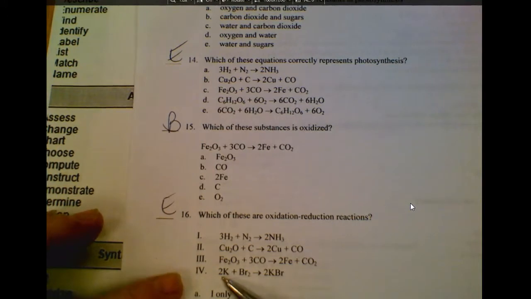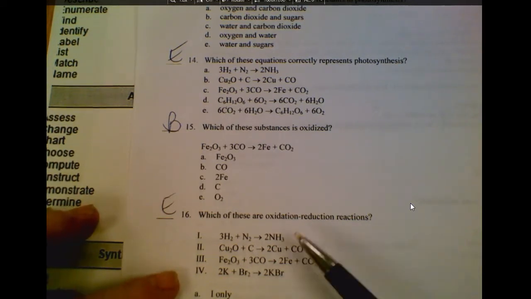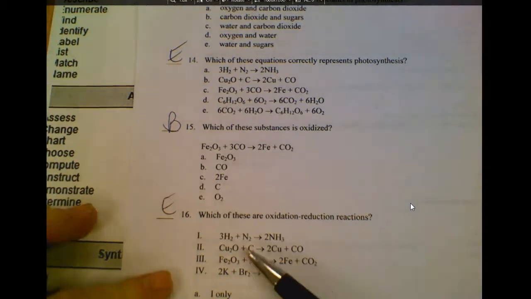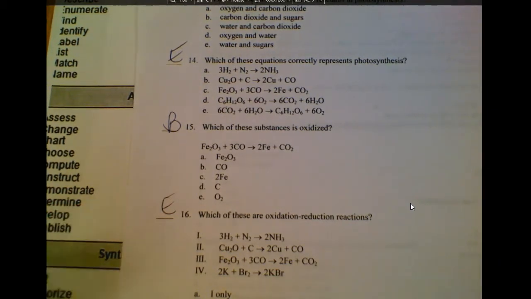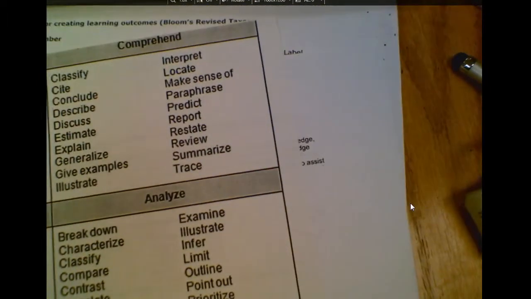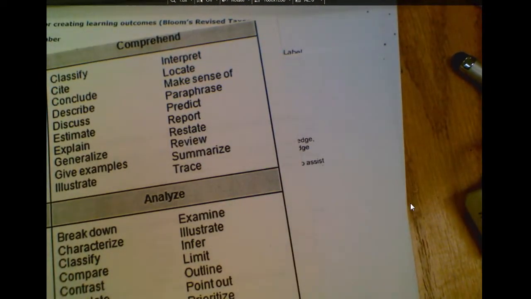I have 2K plus Br2, and it's actually going to be an oxidation reduction because it goes from a 0 to a -2. So basically all of those are oxidation reduction, so that's letter E. Okay, we just have 4 more questions to review here.